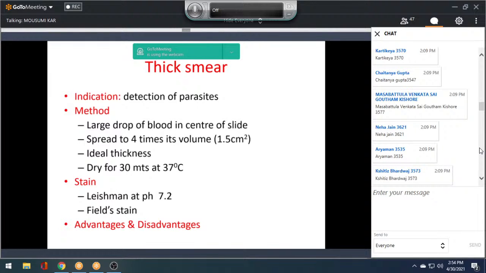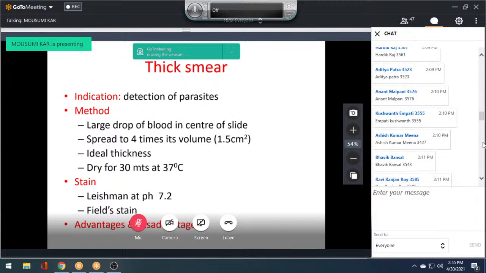So in order to see the parasite properly, you need to lyse the RBCs, right? Then only the parasite will jump out. The RBC red color will be gone. The background will be clear, and you'll be able to pick out the parasite. So first you need to dehemoglobinize the RBCs. So the first step before staining is dehemoglobinization.